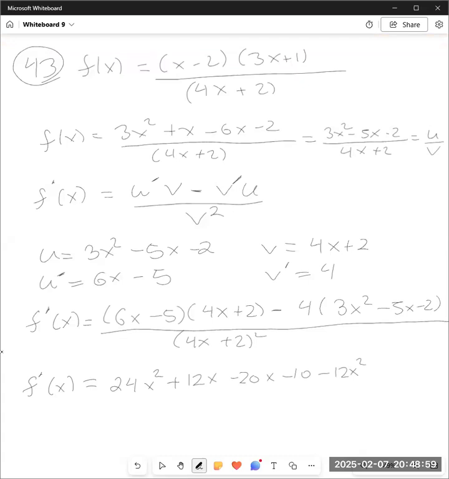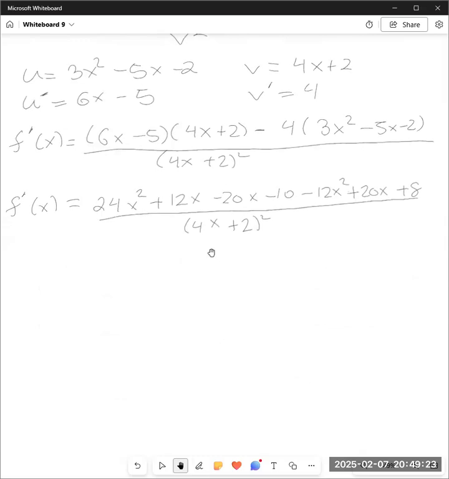Negative 4 times a negative 5 is a plus 20x, and a negative 4 times a negative 2 is a positive 8. It's all over 4x plus 2 quantity squared. Let's go ahead and scroll down to make a little bit more space here.